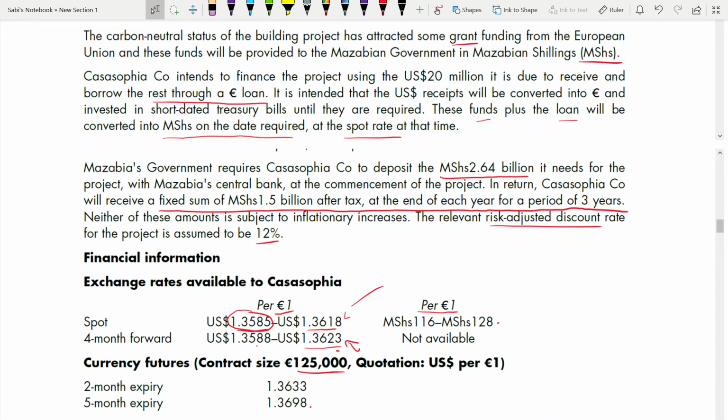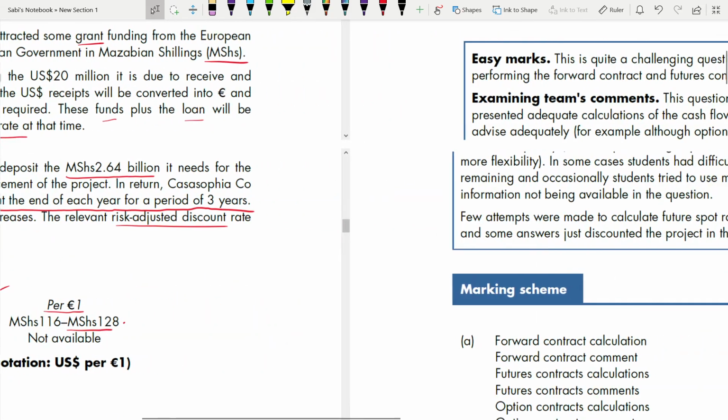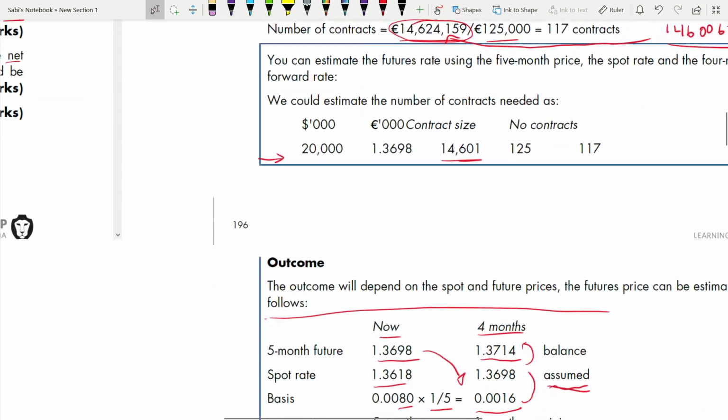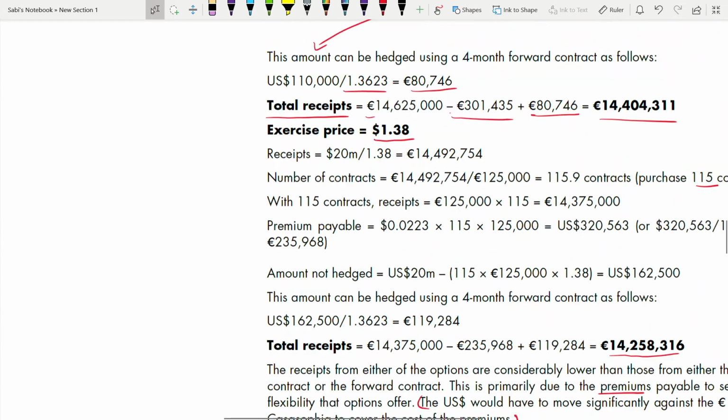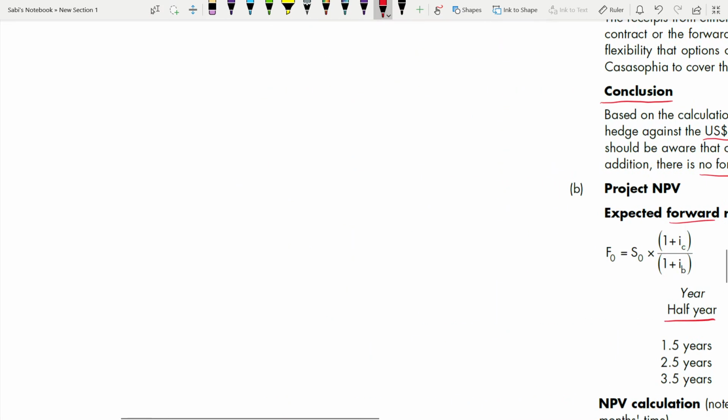Since we are buying euro, the bank is selling at this rate, 128, because the base currency is euro. So we are buying euro. We are selling Mezabian shillings. We are buying euro at a higher rate because the bank sells at a higher rate, and for us it's a loss. For the bank it's a profit. So it is 128. Okay, that much you understood. Now comes the interest rate. Here you can see it will be 10.8% and 2.2%. Right?